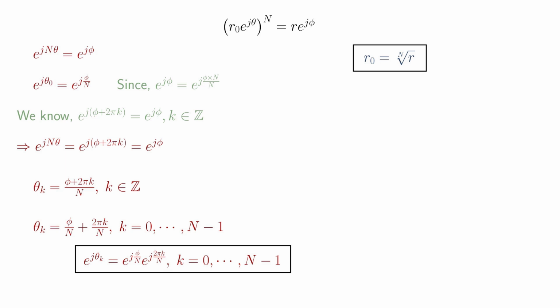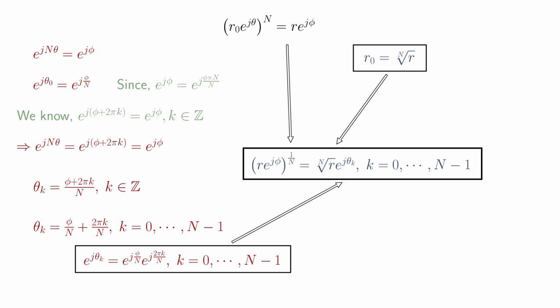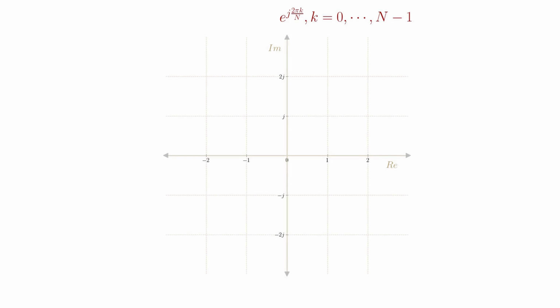Note that when k equals 0, we get e power j phi by n as one root. So we have this equation before us. This expression means that we first divide the unit circle into n equal sectors and then rotate them all by an angle of phi by n. Scaling these vectors by the nth root of r, we get the nth roots of the complex number r e power j phi.